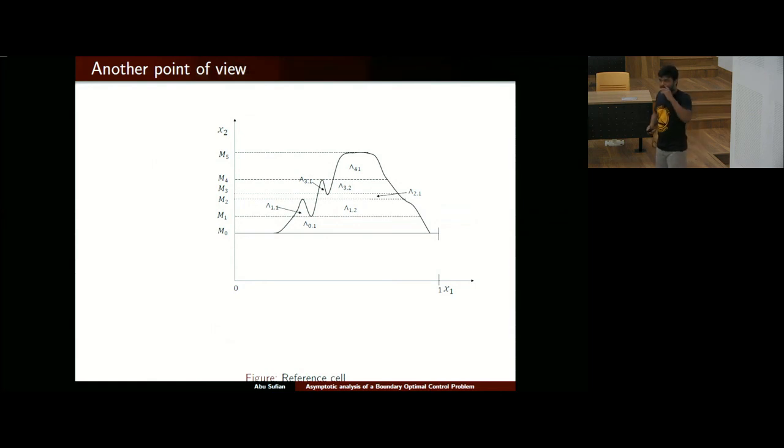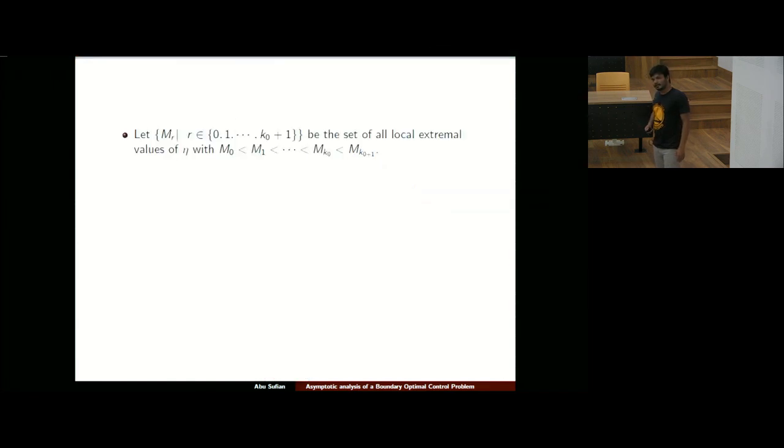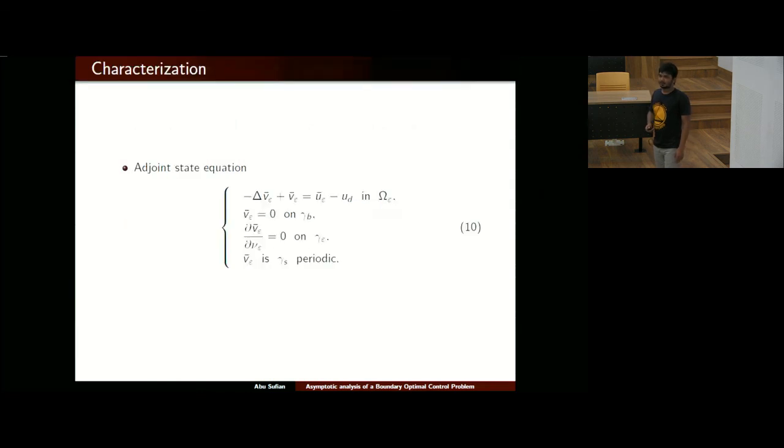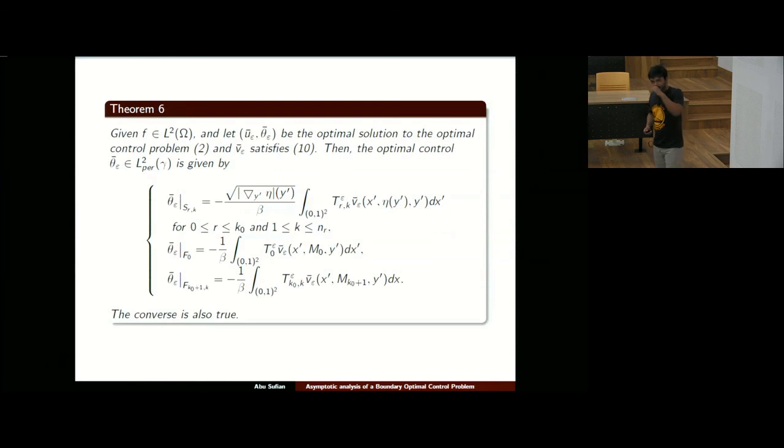I'm not giving the details here. We slice our domain at different levels, and for each level we investigate our optimal control problem. We have the same adjoint system, but for each level we have a different characterization, and we want to find the contribution from each level. For that, we multiply by different test functions supported there and extended by 0.